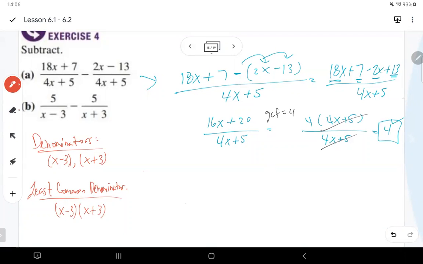Okay, so then we have to figure out what's missing. For the first one, we have 5 over x minus 3. Well, you can see that the x plus 3 is what's missing. So we multiplied into the bottom, so then we also have to multiply it into the top.